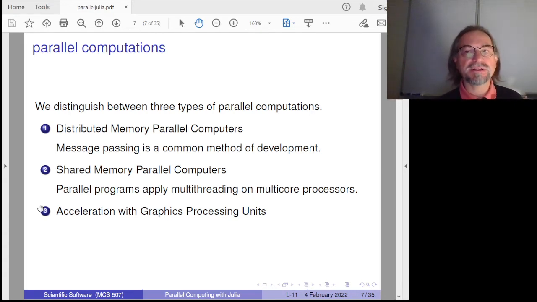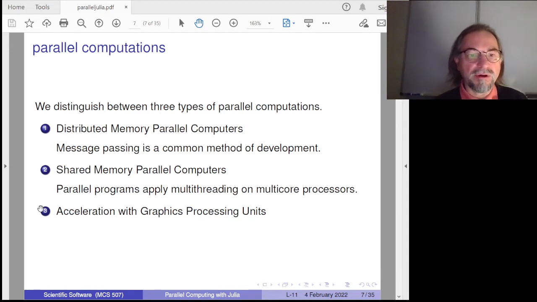So if there are separate memory modules, then the processors can independently access all the memory modules without having to rely on another processor. This is typically the multi-core processor. Every processor is typically now a multi-core processor.